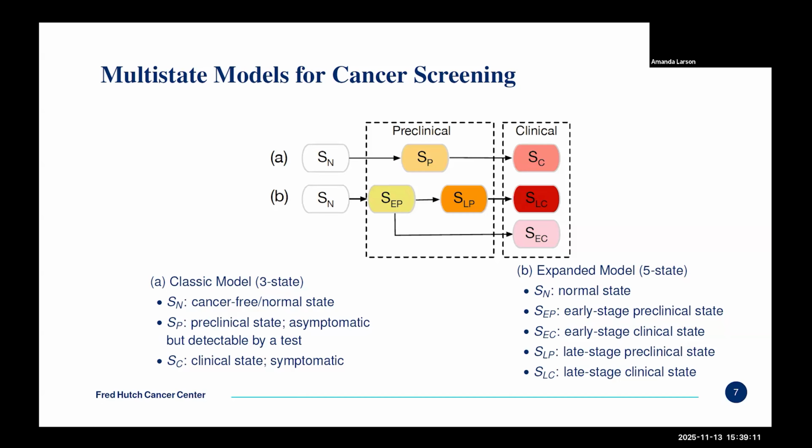When we say preclinical, it means that it's not symptomatic, but if you use a screening test, you would be able to find it. Clinical state means that it's symptomatic and you would be diagnosed just from the symptoms. So there are 5 states here: you go through early preclinical and can directly go to early clinical, or you can go through late preclinical and finally become late clinical.